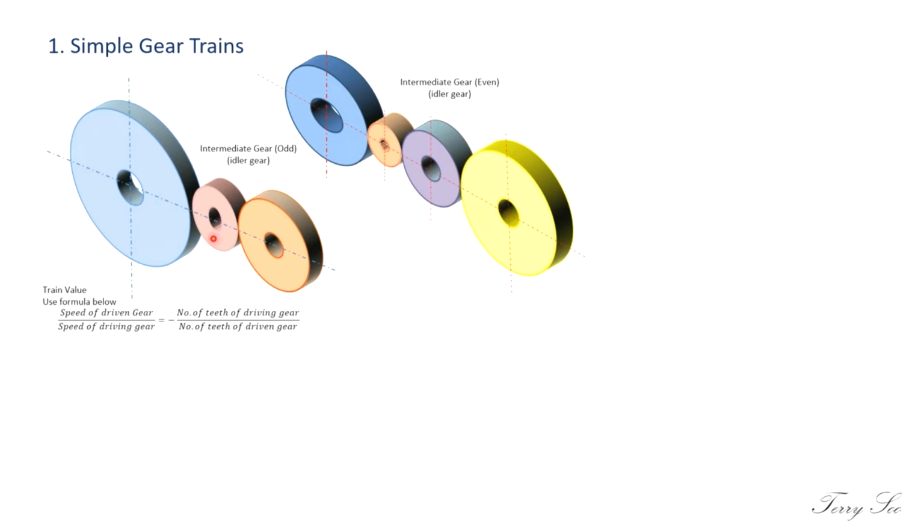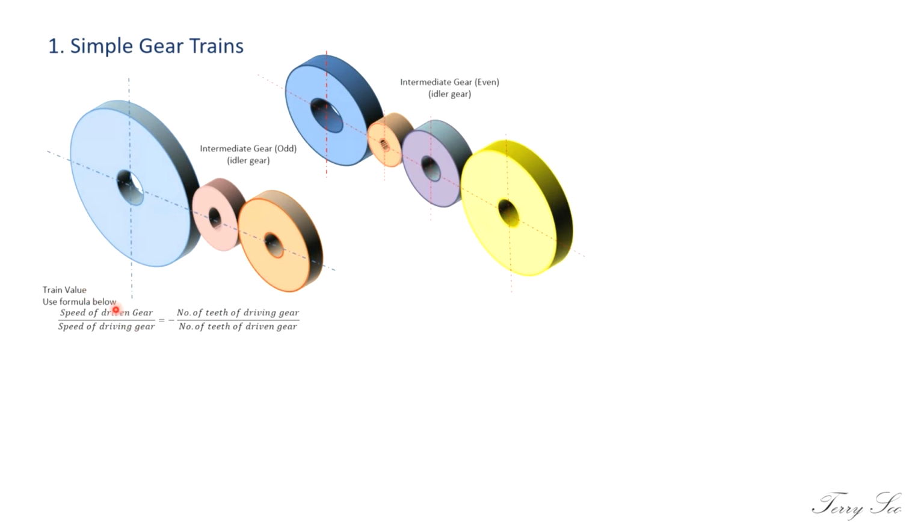If you consider the brown gear and the orange gear, they will also rotate in different directions. So if this is chosen to be the driver, then this will be the driven.